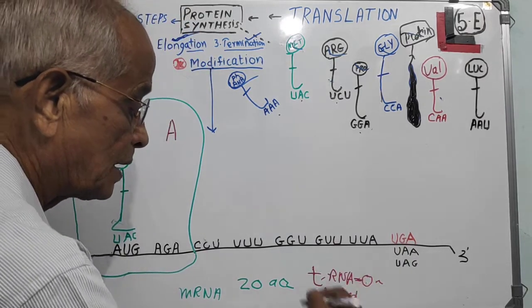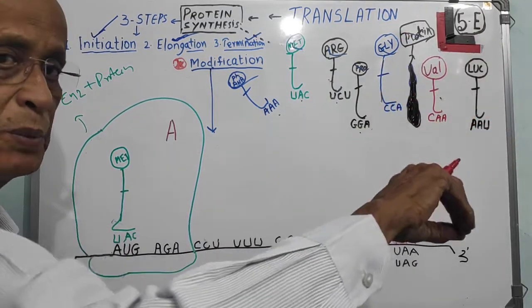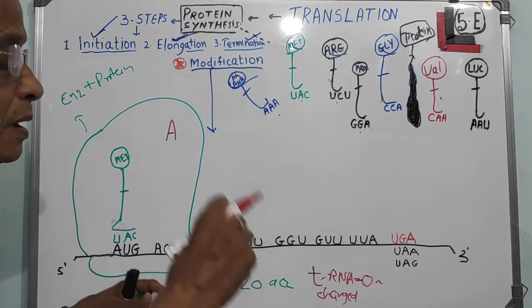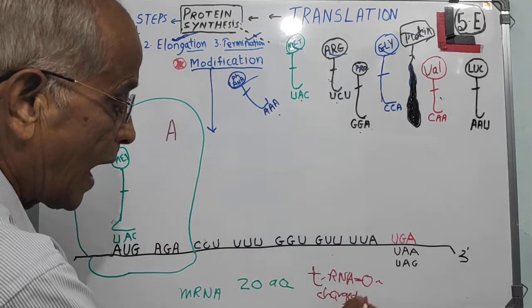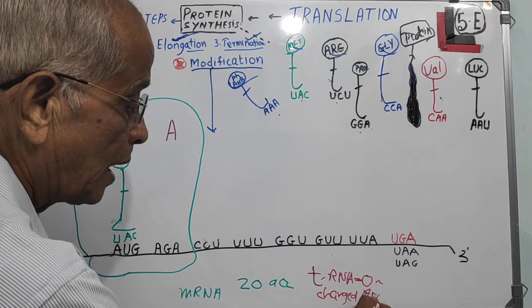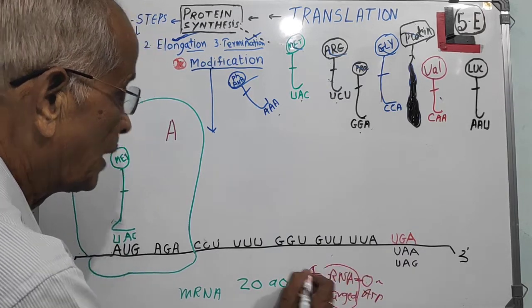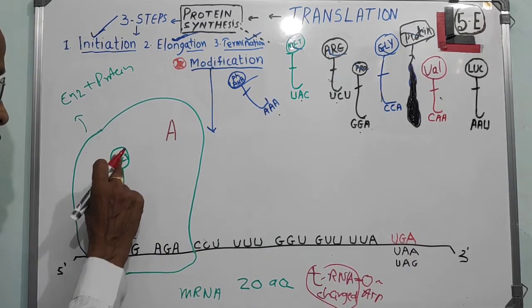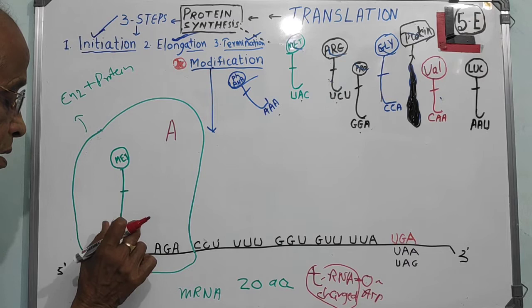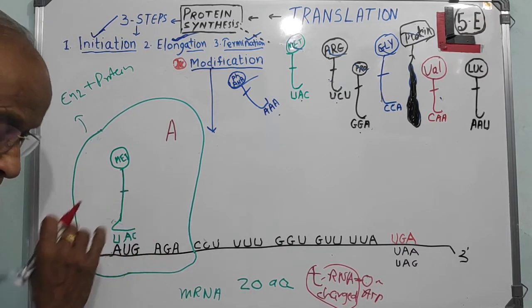Like that, 20 different amino acids may be picked up by the tRNA molecule. To that, ATP adds energy, and then that becomes a charged tRNA molecule. Like that, this is the charged methionine tRNA carrying molecule. It has come there.